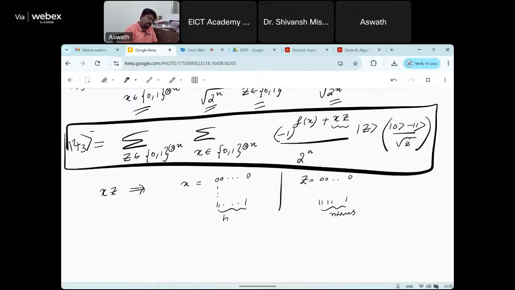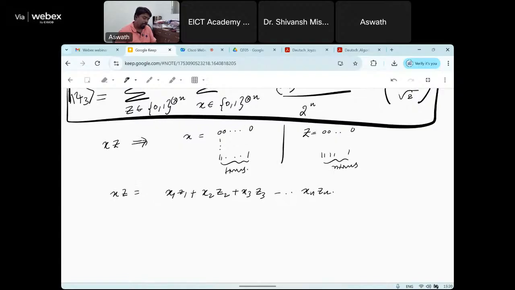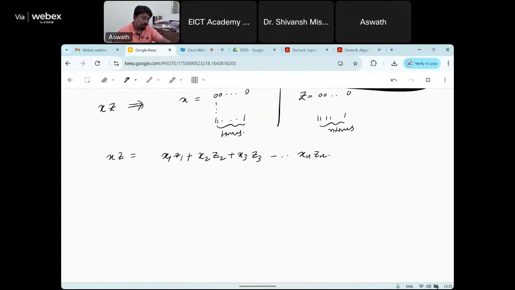Whenever I am saying xz, it's nothing but x1 multiplied to z1 plus x2 multiplied to z2, x3 multiplied to z3, up to xn multiplied to zn. Why am I saying that? We just derived that earlier.